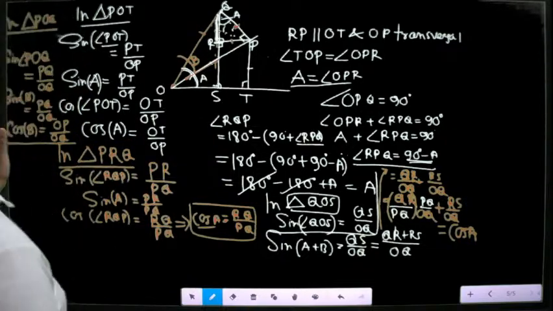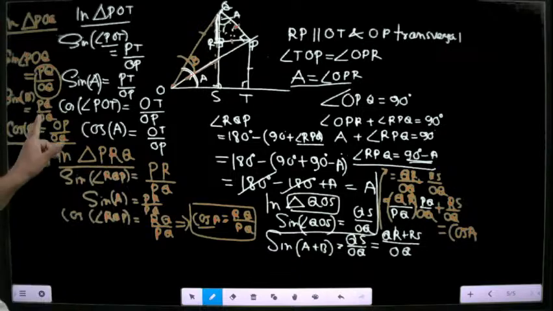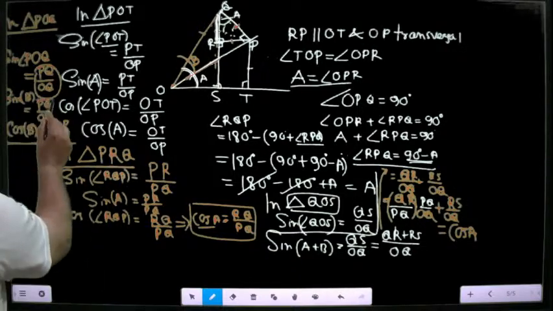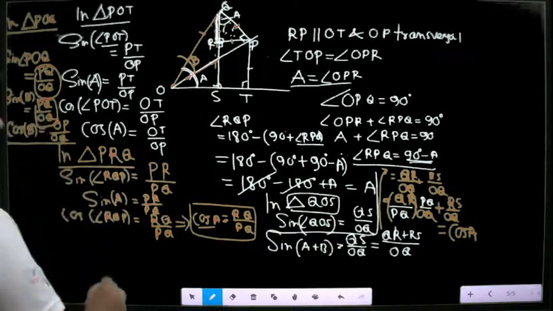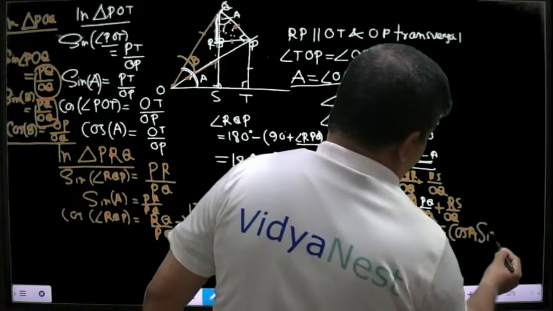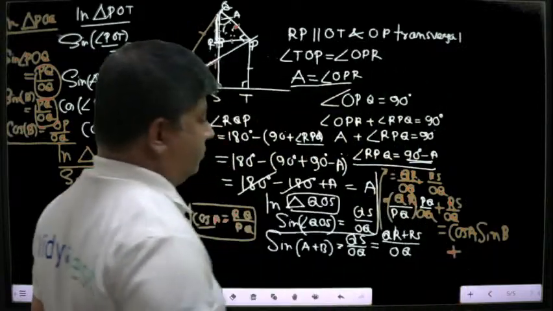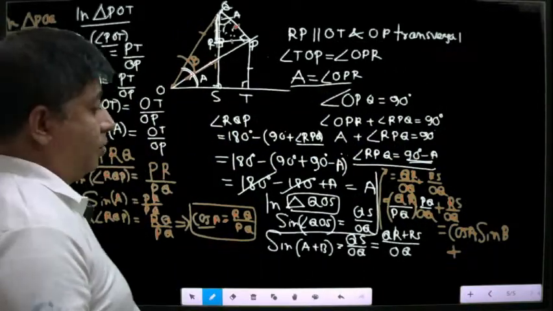Is there any relation? Yes. We got the relation here. PQ by OQ is sin B. Sin B plus cos A sin B.